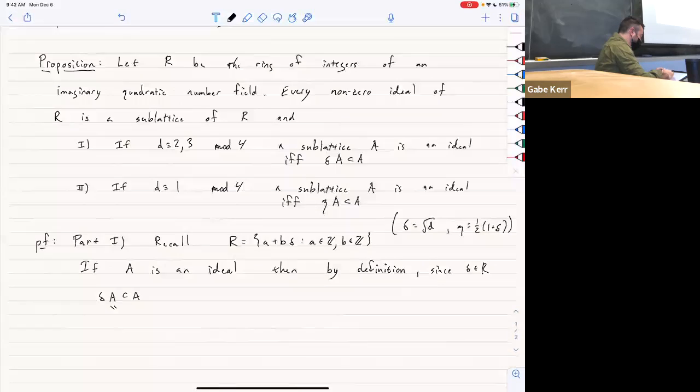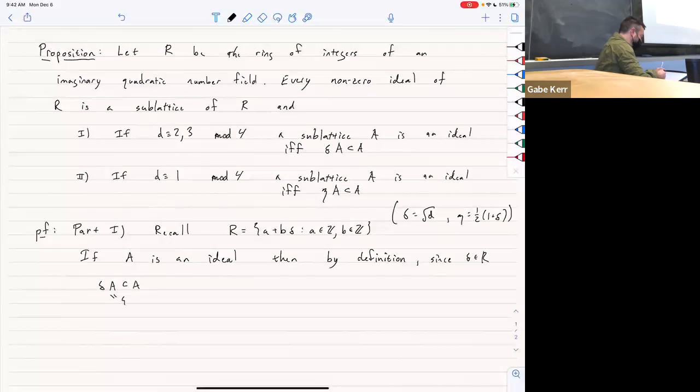This is the set of all the elements delta times A. All right, so that's one direction.